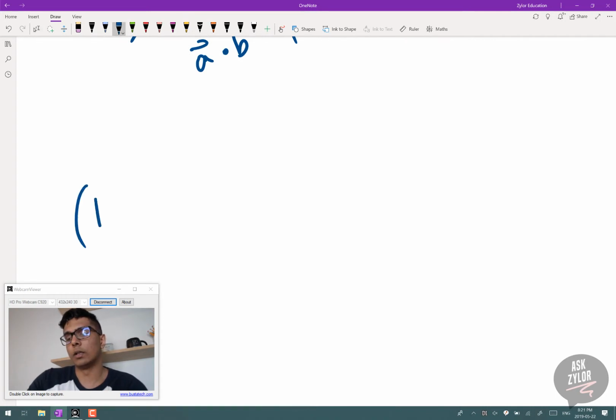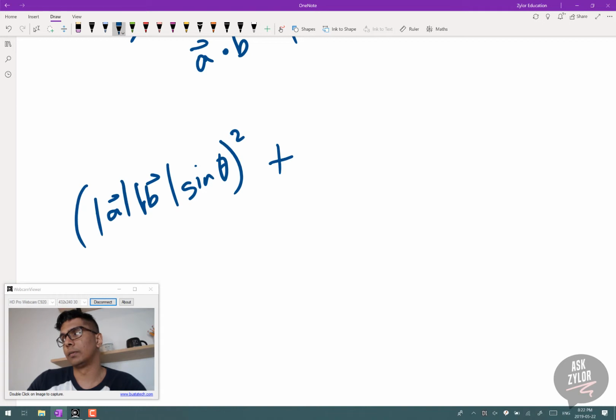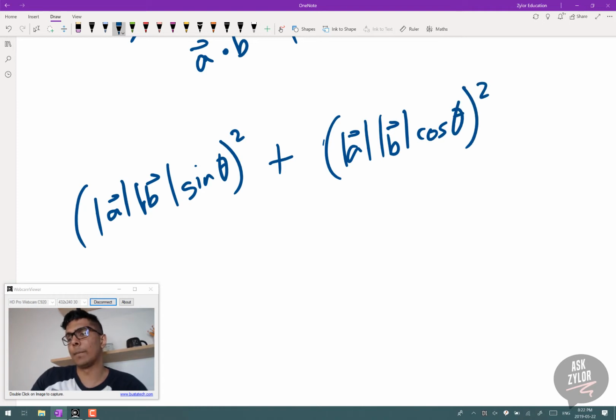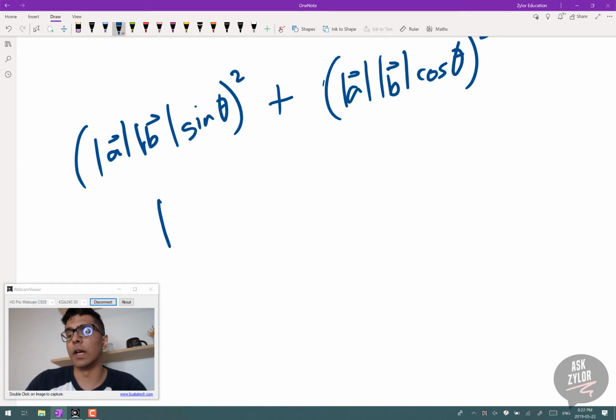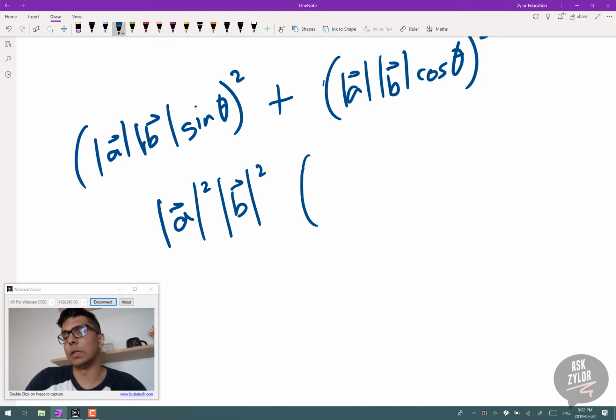We end up with (|A||B| sine theta) squared plus (|A||B| cos theta) squared. Okay, so if I distribute the squares inwards, I can factor out the square of the magnitude of vector 1 and the square of the magnitude of vector 2, which leaves me with sine squared theta plus cos squared theta.